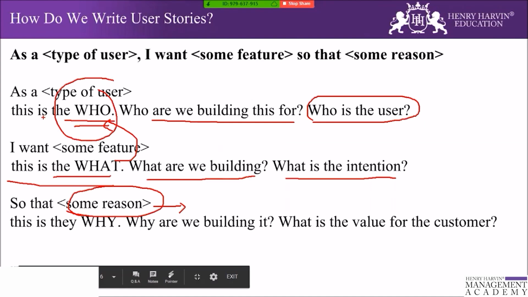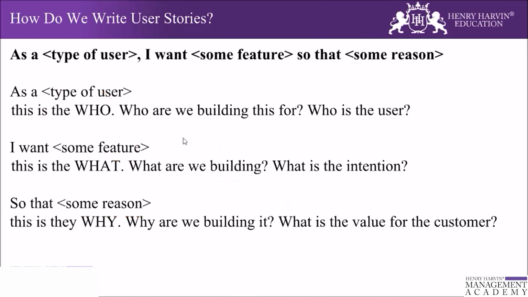So the important point is the who: who is the person we are building this for, who is the user. The what part says what we are building, and the intention of building it, that is why we are building it, and what is the value to the customer.